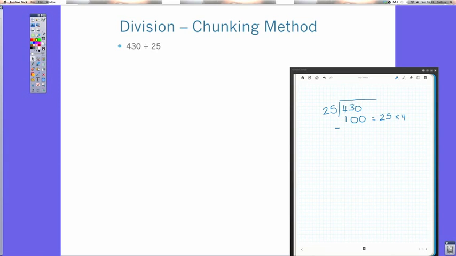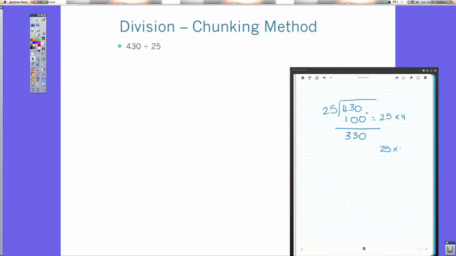Okay, I'm going to now minus the 100 that I found from my 430. So 430 minus 100 is going to be 330. I'm going to keep doing the same method. So how much more can I get into the 330?